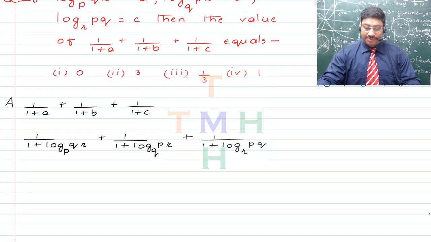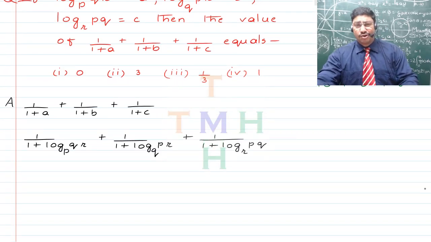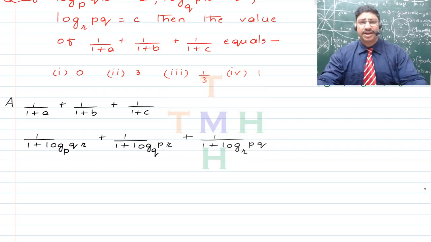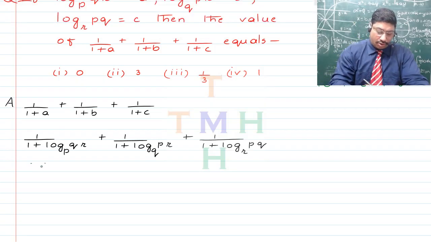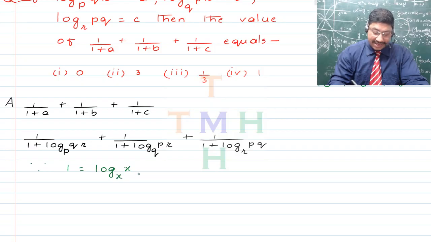Okay. Now I'm sure you must be knowing that if we talk about the logarithm of a number, where that number is the same as the base, then the value of this is going to become equal to 1. Now what I'm wanting to say is, 1 is actually equal to log of x to the base x, right?